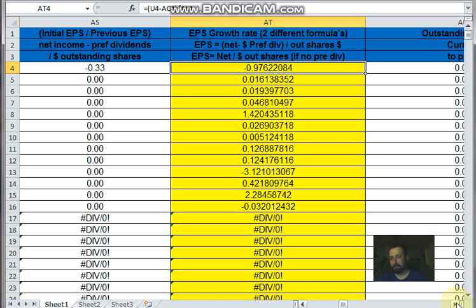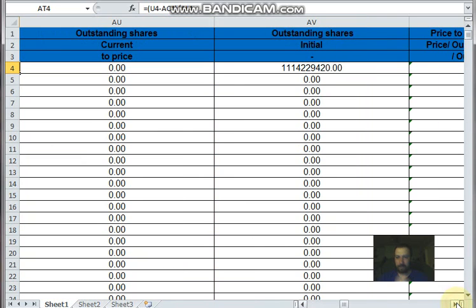So that's part of the point of my channel. Outstanding shares current to price, that's part of it. You can find your outstanding shares and then you're just going to multiply them by your price.